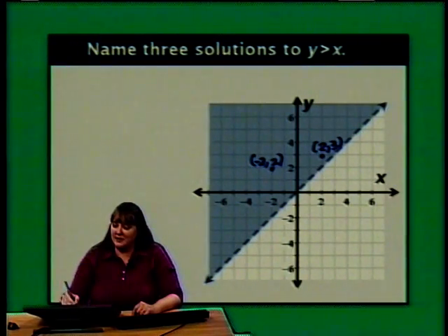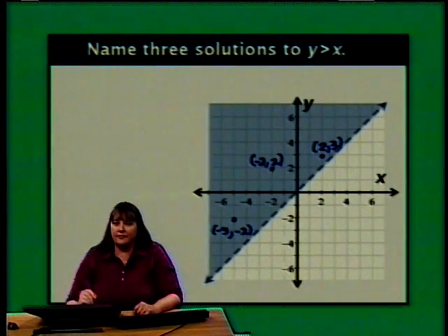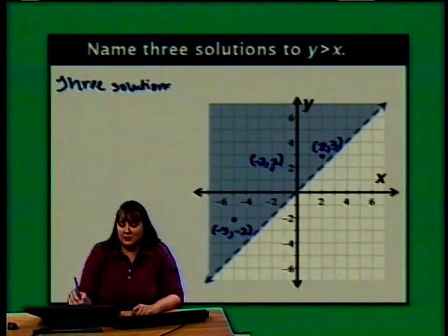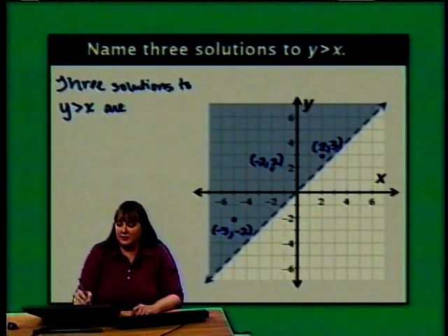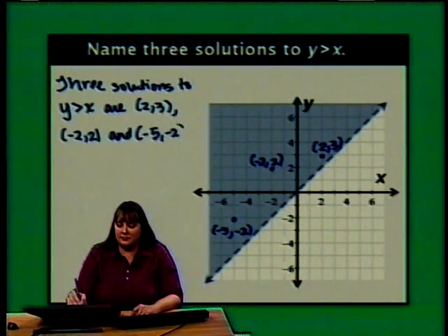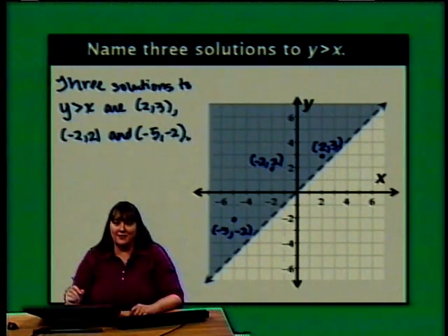And a third point that satisfies this inequality is negative 5, negative 2. So 3 solutions to y is greater than x are 2, 3, negative 2, 2, and negative 5, negative 2. Of course, there are an infinite number of solutions to this inequality. These are just 3 of them.